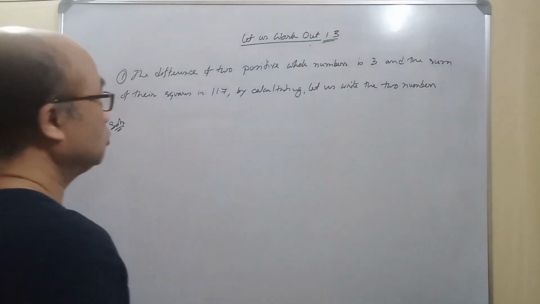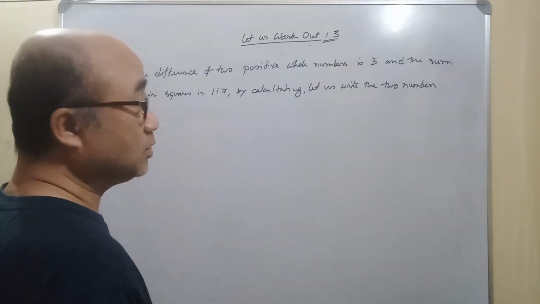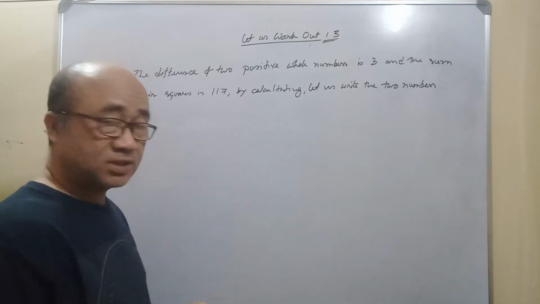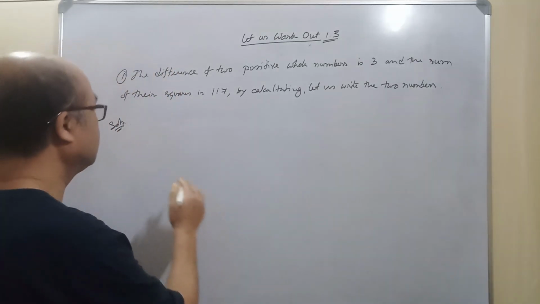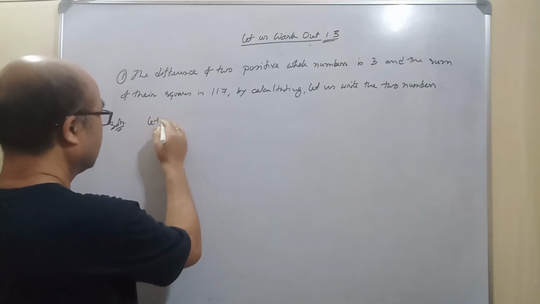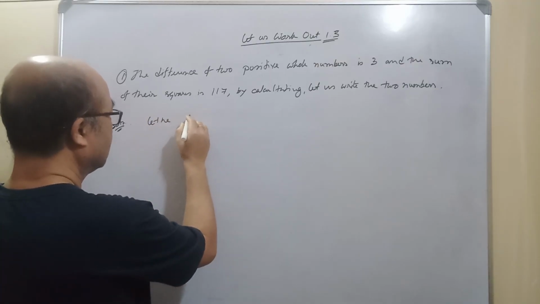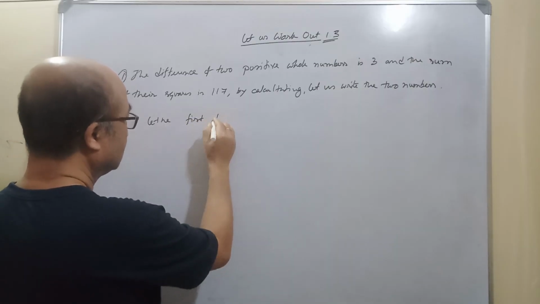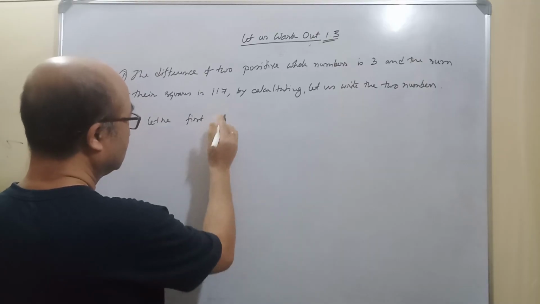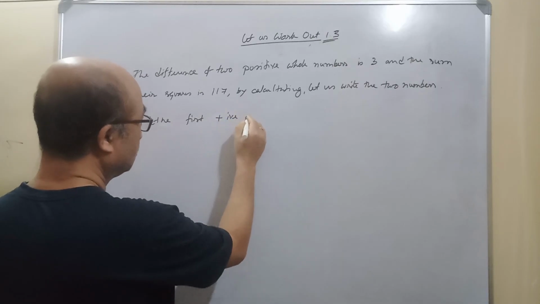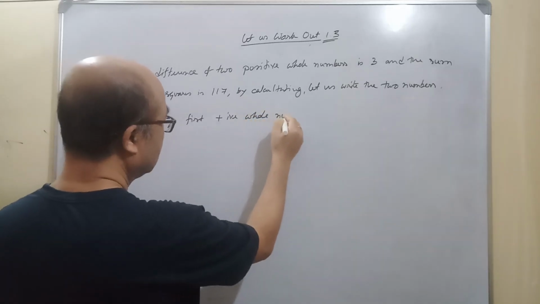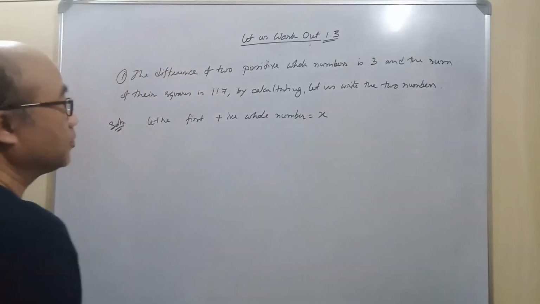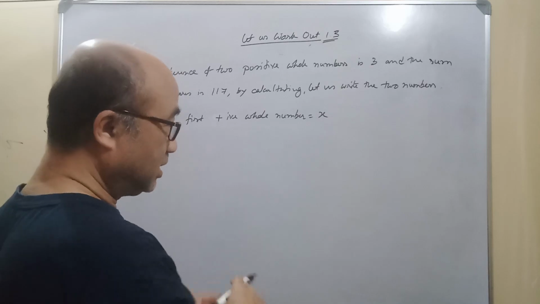So we need the two positive whole numbers. Let the first positive whole number be x. So what will be the next number?